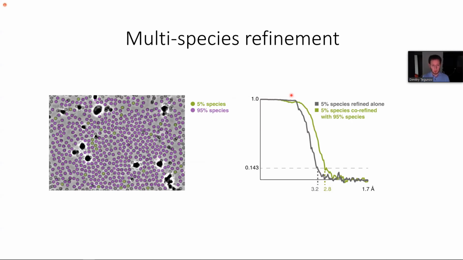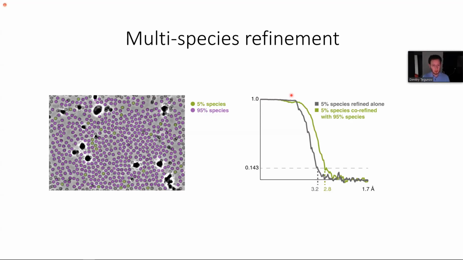And to optimize all of those hyperparameters of this multi-particle system, it is best to have as many particles in the system as possible so you can use all of that signal. And if you're only left with, say, 5% of your particles, then this optimization will not be very accurate.